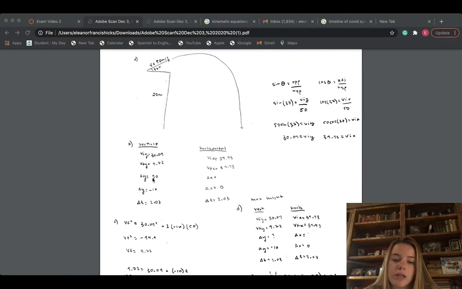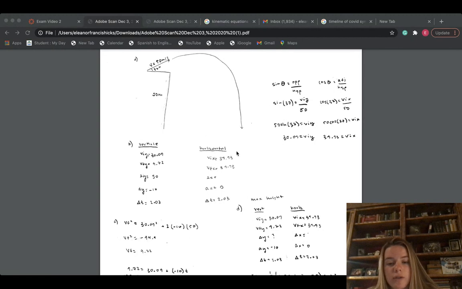And then for my change in y, I put 50 because the problem gives you that it's 50 meters. The acceleration of y is negative 10 because that is the value of gravity, and it's negative because it's going down. Then the change in time we solve for later, which I'll get to.